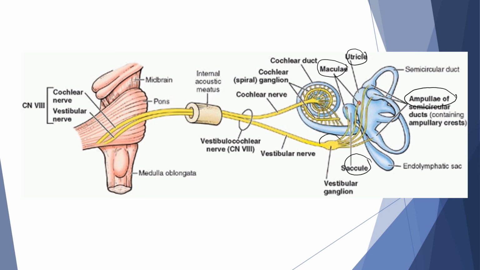From here there is a vestibular ganglion, and then it will join the cochlear nerve. The cochlear nerve arises from the organ of Corti and the spiral ganglion, where there are bipolar cells, and these two together will go through the internal acoustic meatus and they will go in the brainstem.